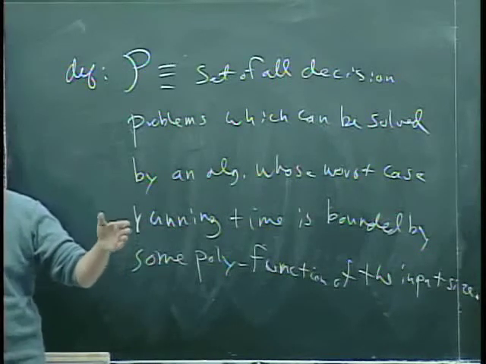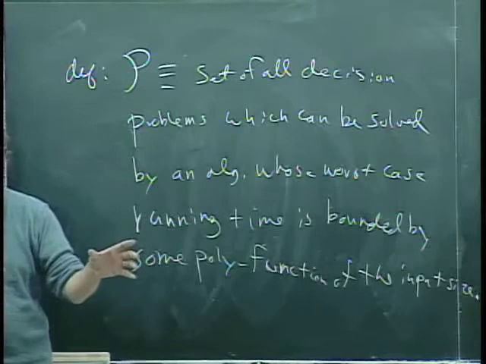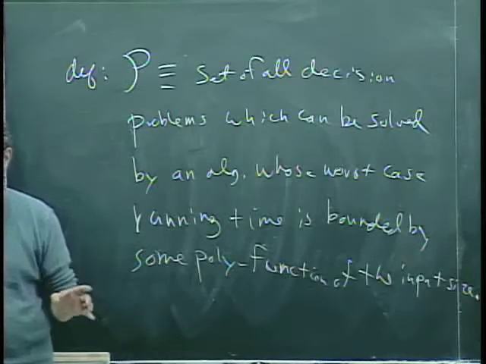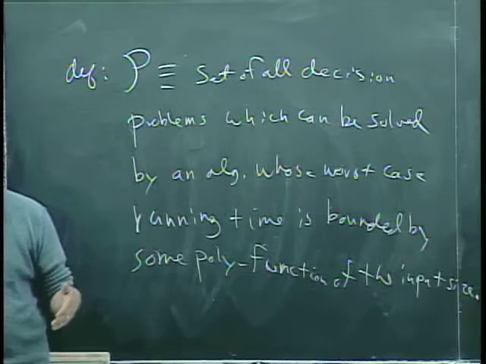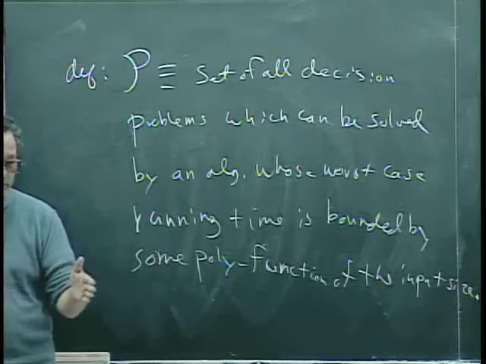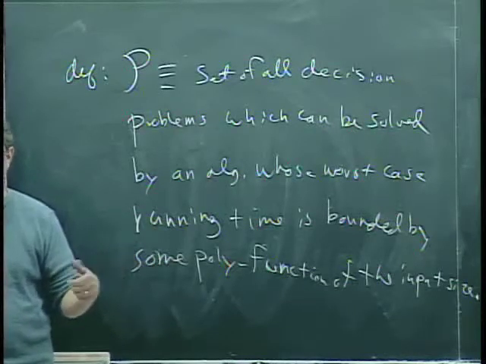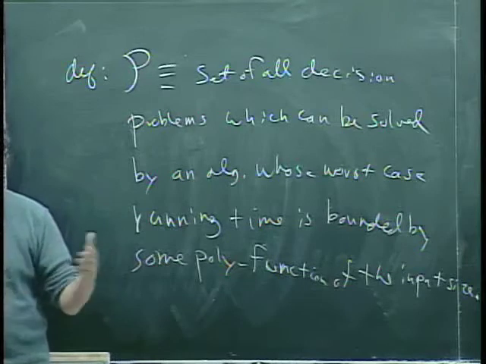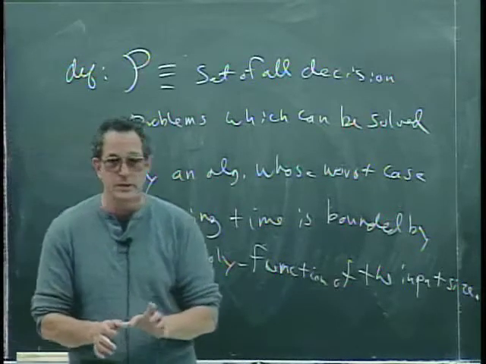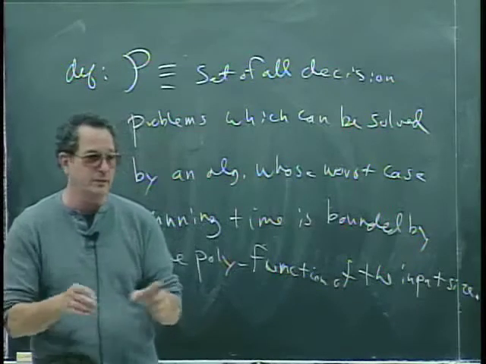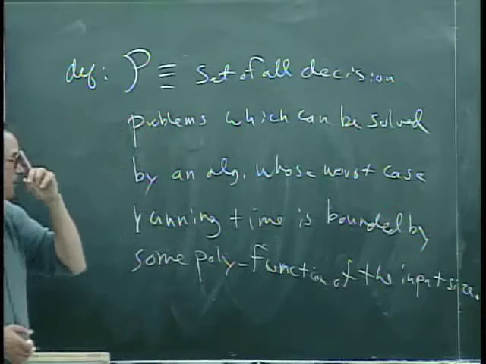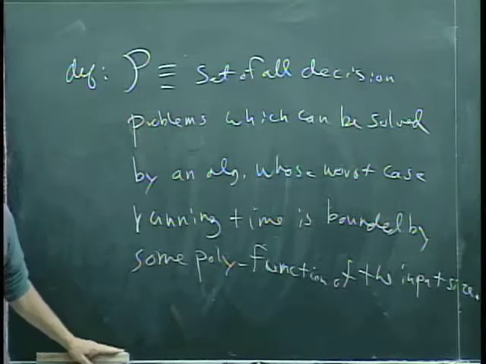What was the maximum number of intervals that you could select which were pairwise non-crossing, non-overlapping? That was a maximization problem, but we could cast it as: here are the intervals, the input is the intervals and some target, and ask, is there a set of pairwise non-crossing intervals of size at least as big as the target? That's a yes or no. And we saw an algorithm for that, which was in fact linear time, I think.